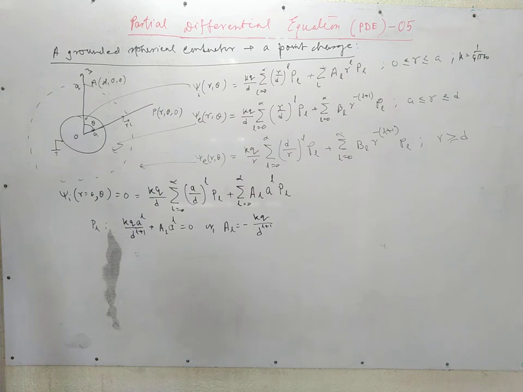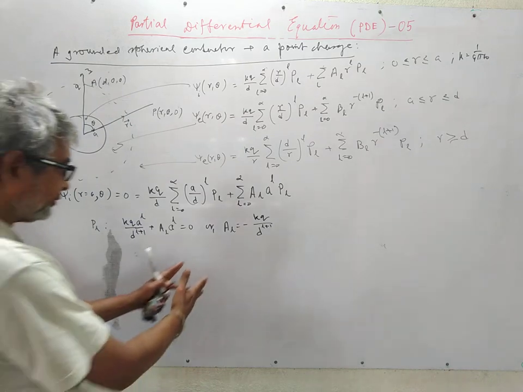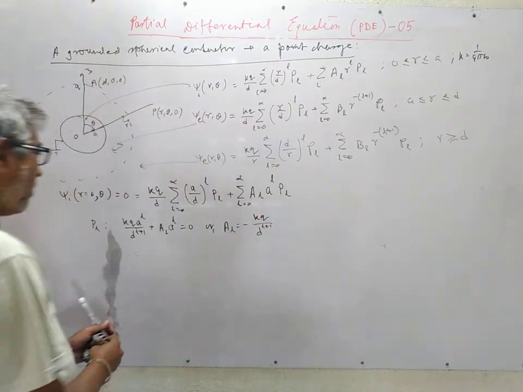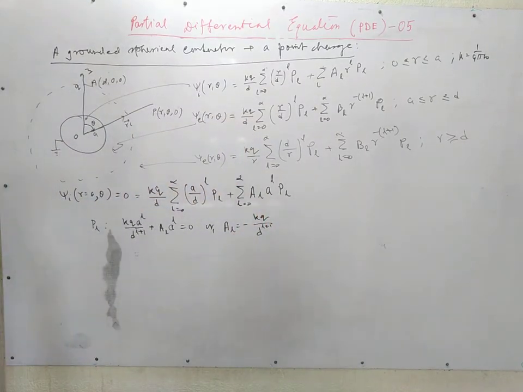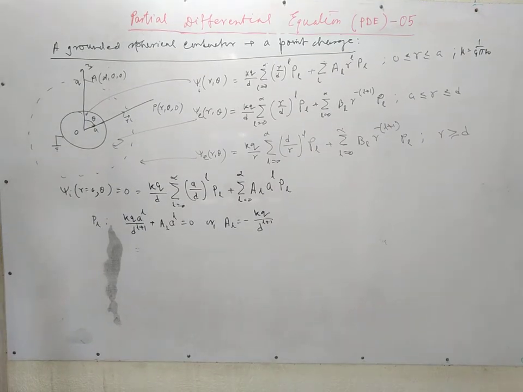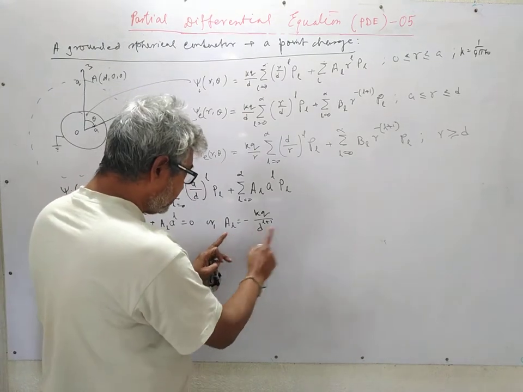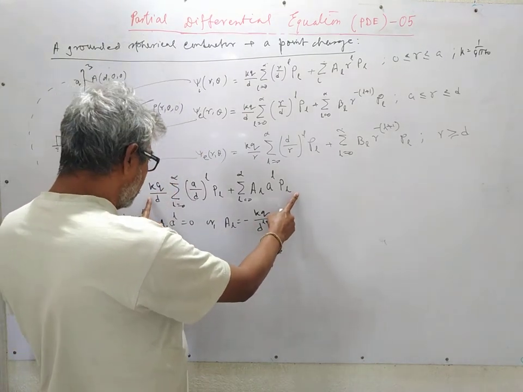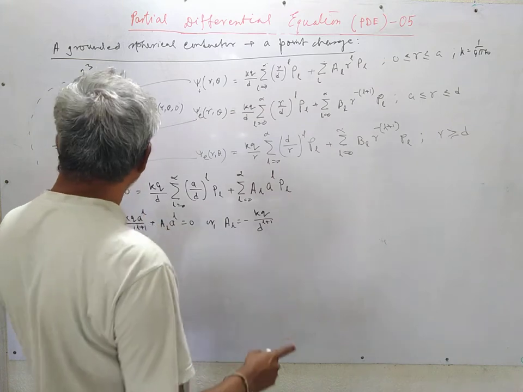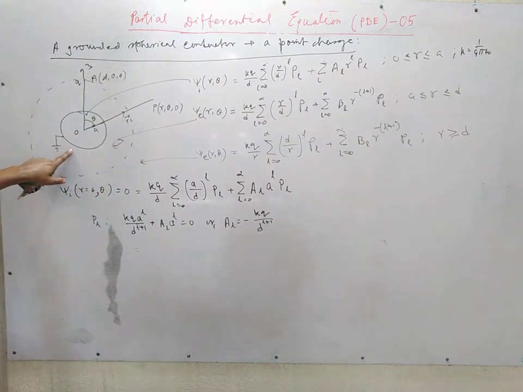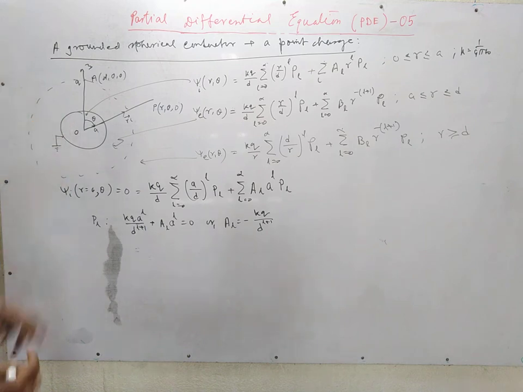Now, since the potential is 0, we may assume these to be 0 for all values of L. This choice of AL values makes the potential 0 for all L. So the potential is 0 on the surface of the conductor as well as in the interior of the conductor.